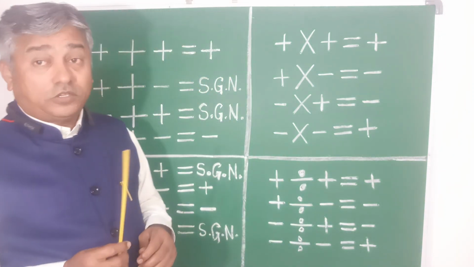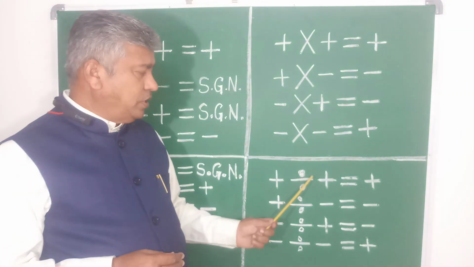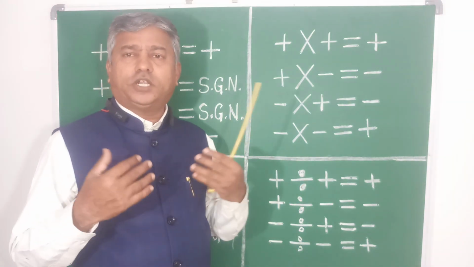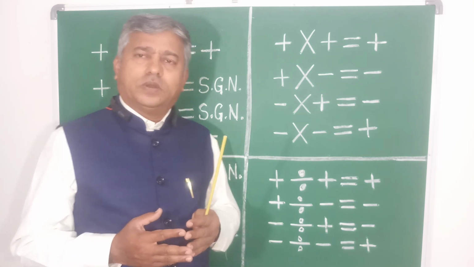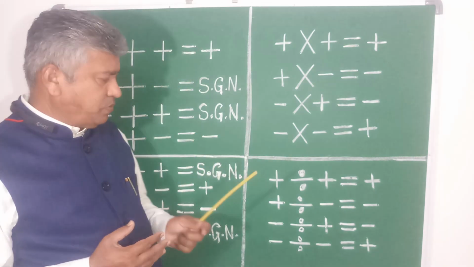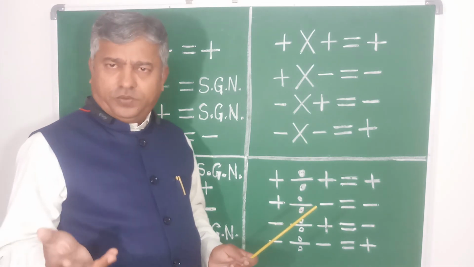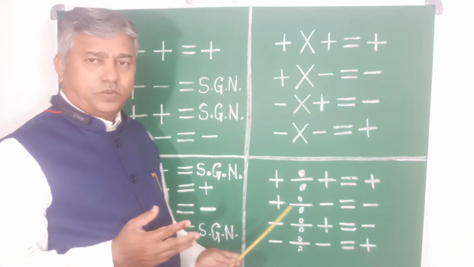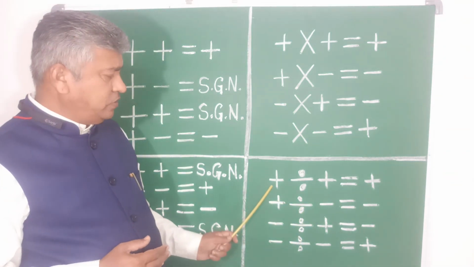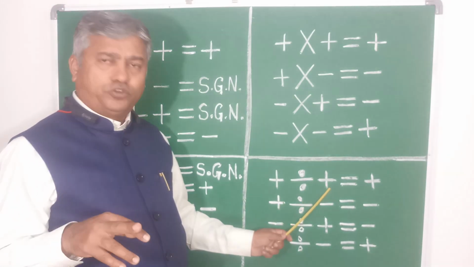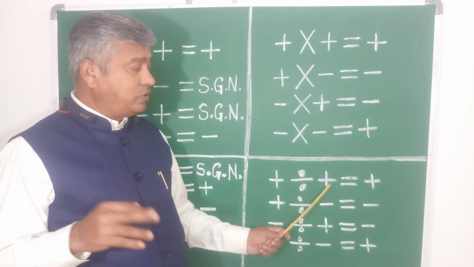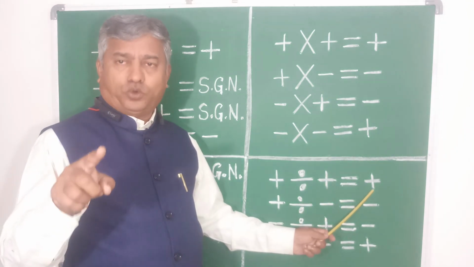Now the last one, that is basic operation in the division form or division system. How should it be taken? In this division, the first procedure, positive divided by positive number, then we get the positive sign.